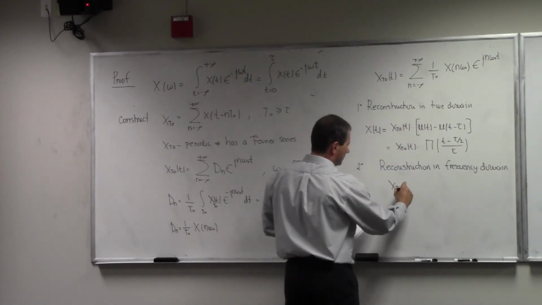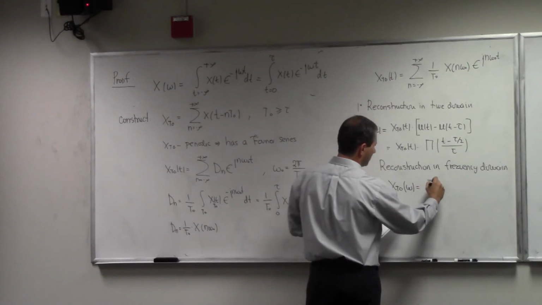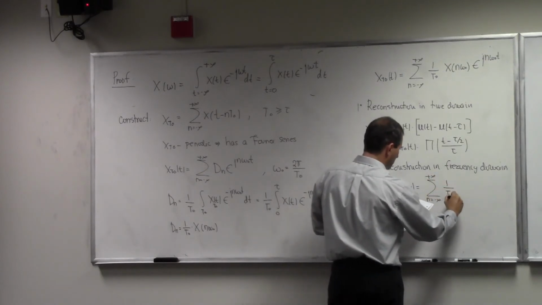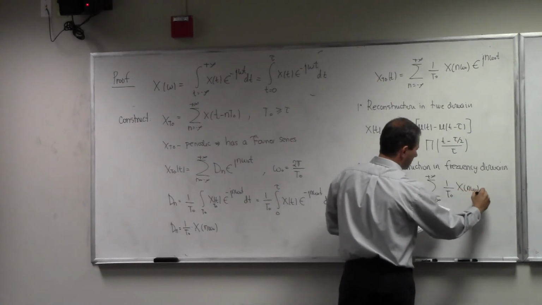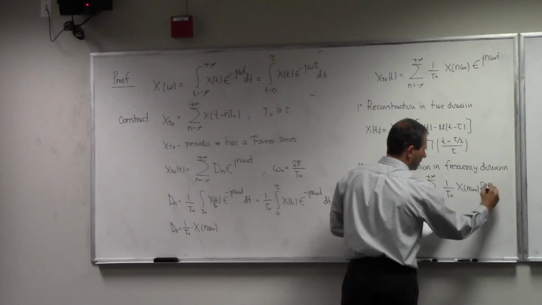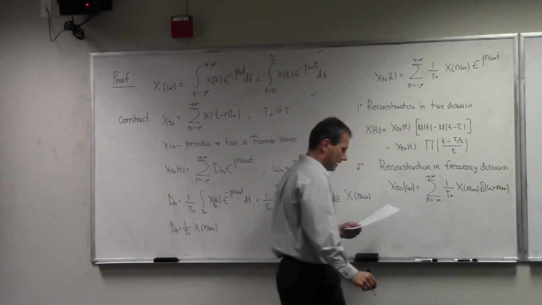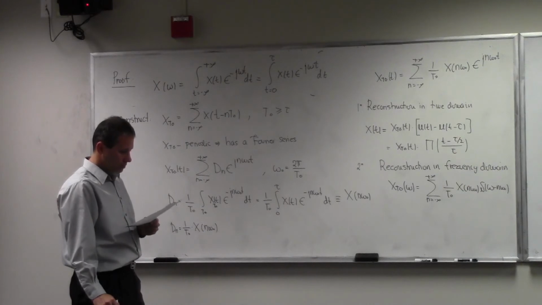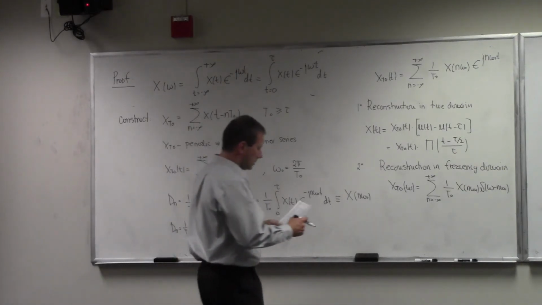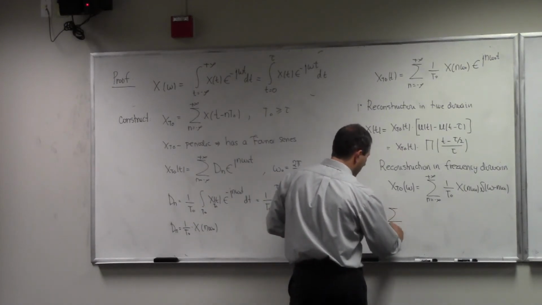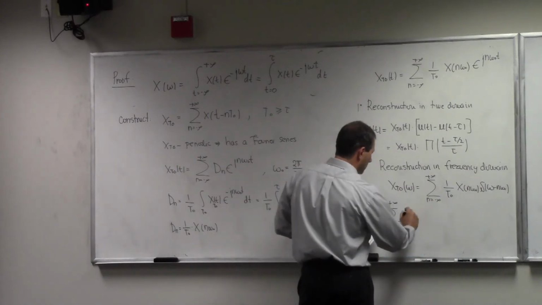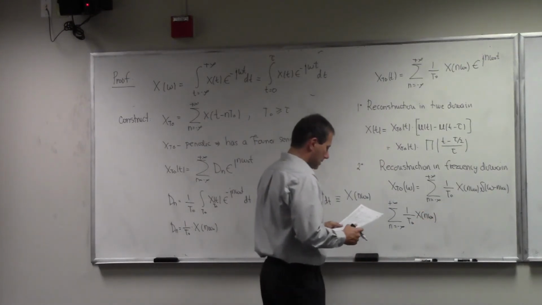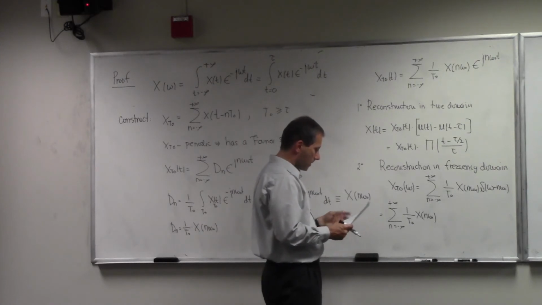We say X_T0 of omega is the sum when n goes from minus infinity to plus infinity, 1 over T0, X of n omega 0, delta of omega minus n omega 0.